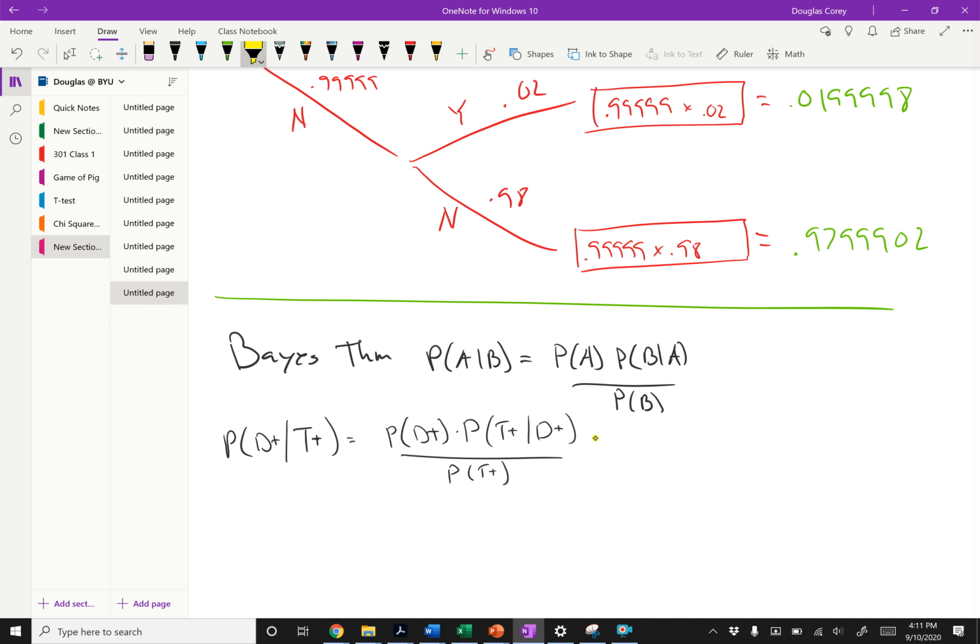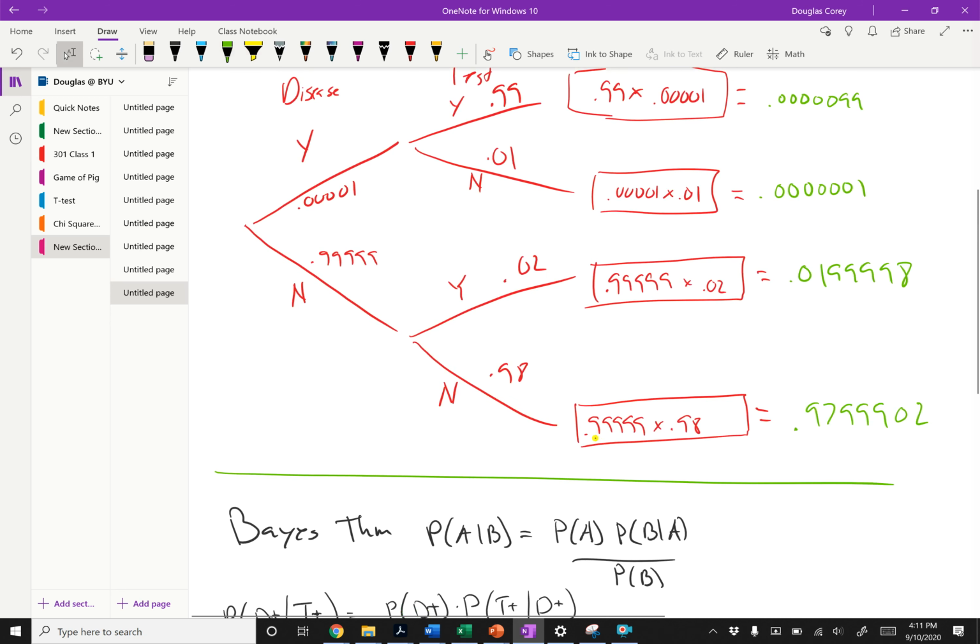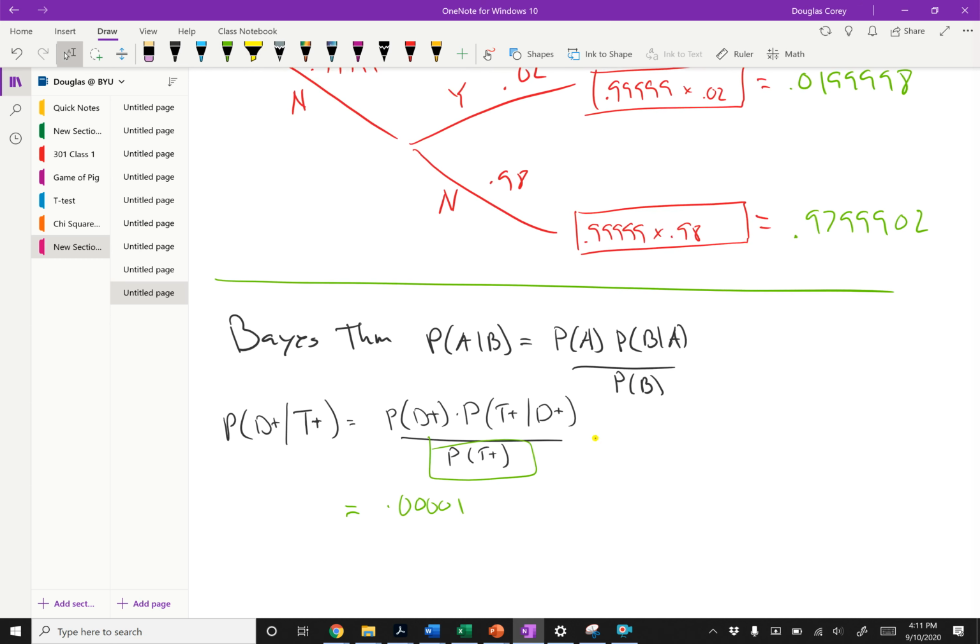We just needed to talk about this bottom piece right here. The probability of having the disease is 0.00001, and that's just taking it off the table there.